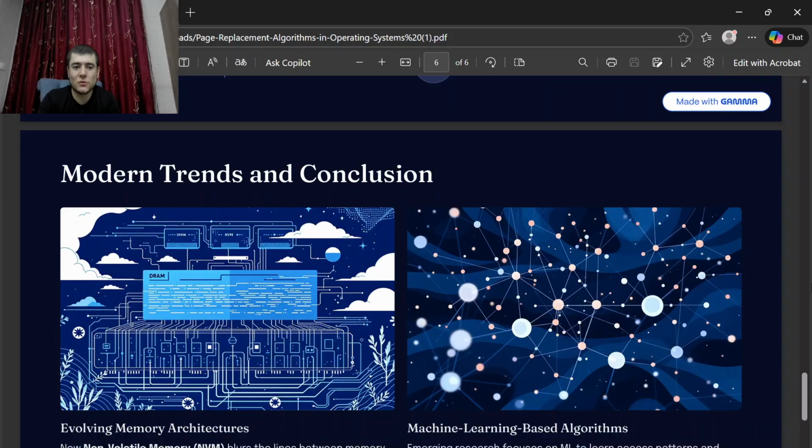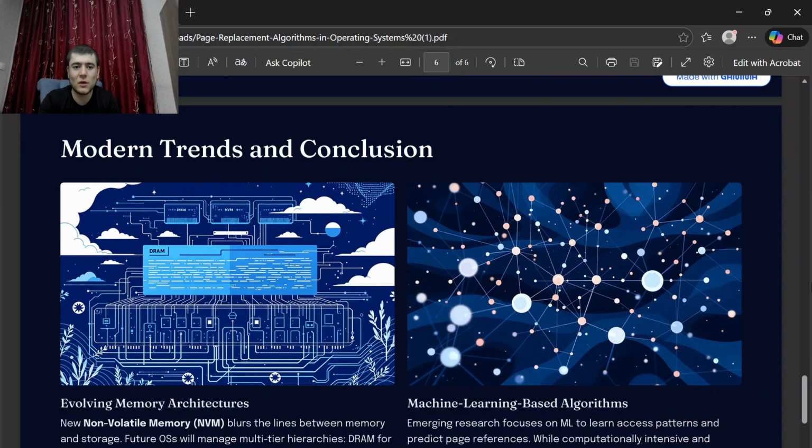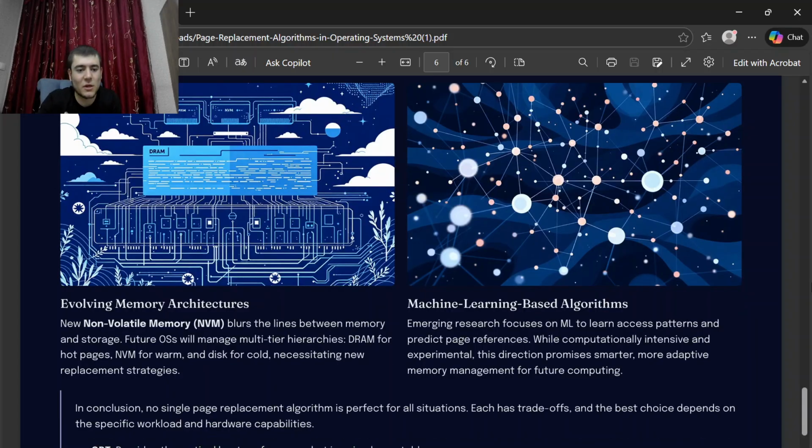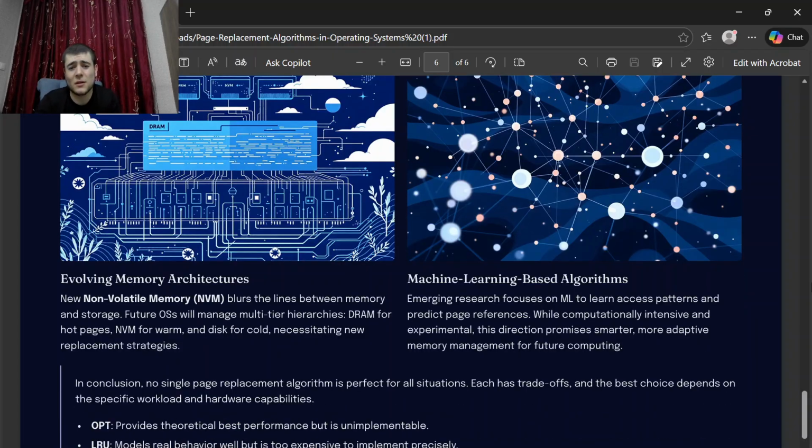Now I will talk about modern trends. Evolving memory architectures: new non-volatile memory, NVM, blurs the lines between memory and storage. Future OSes will manage multi-tier hierarchies: DRAM for hot pages, NVM for warm, and disk for cold, necessitating new replacement strategies.